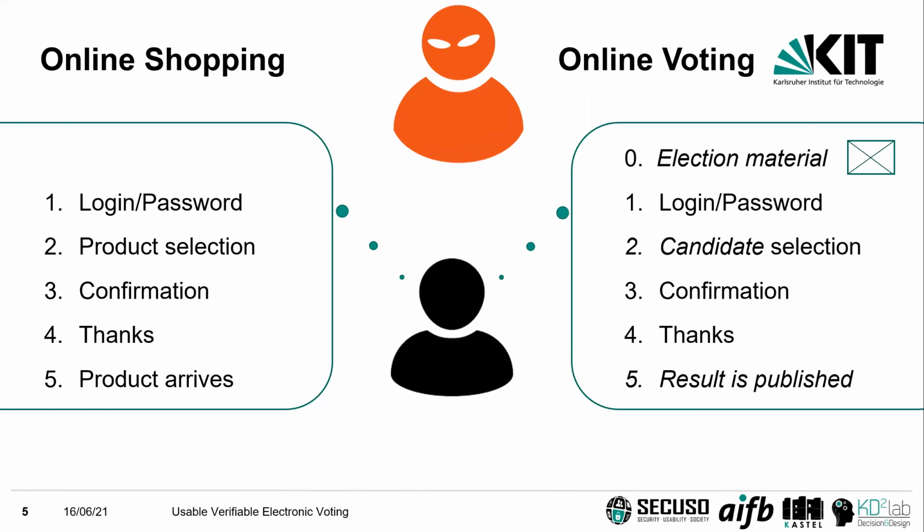Now, the problem, and I think I'm not telling you anything new here, is what happens if we have an attacker in place, be it the voting service provider itself or a cyber attacker. If you look again at online shopping, of course the online shopping service will try whatever is possible to protect the service and your data.